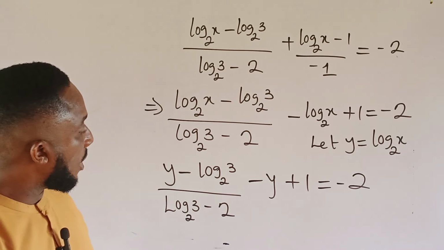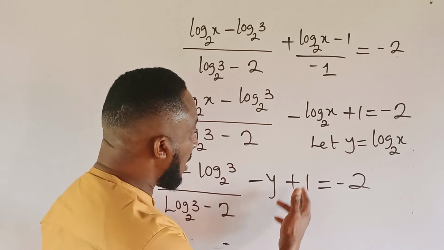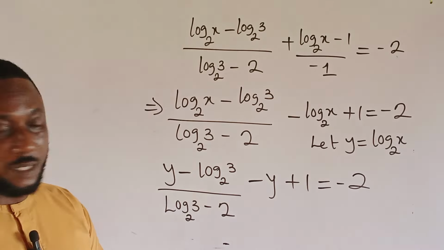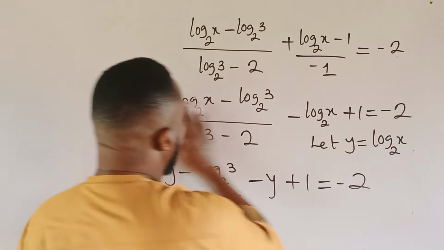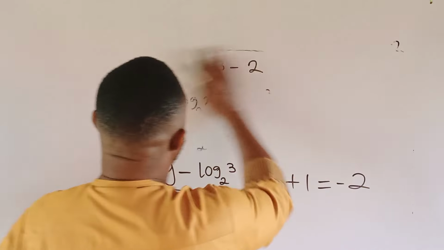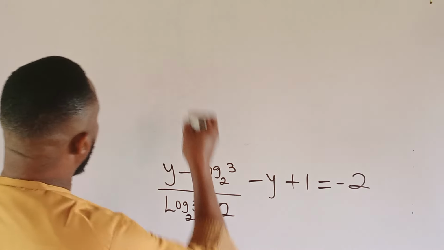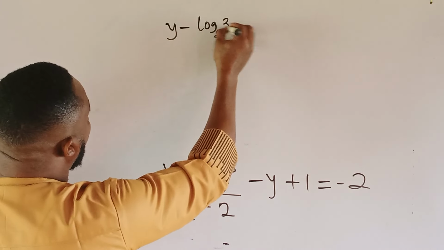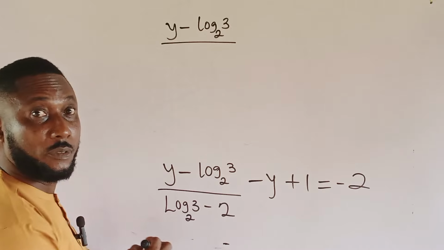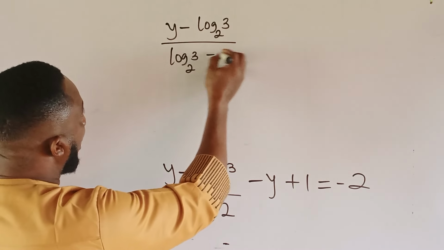So what we are going to do next is to take negative y and 1 to the right side and retain this bogus fraction. So that will then yield (y minus log to base 2 of the argument 3) all upon (log to base 2 of the argument 3 minus 2).